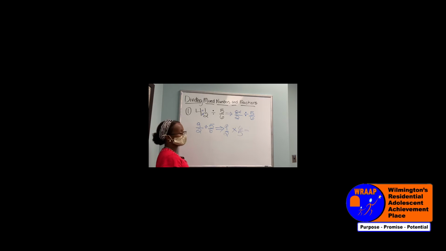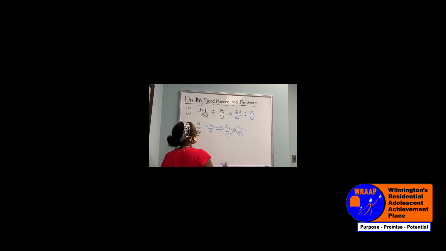Okay, now here's the thing that I would do. I'm going to check from one side to the other to see if any of these numerators and denominators have common factors. And actually 2 and 6 have common factors.